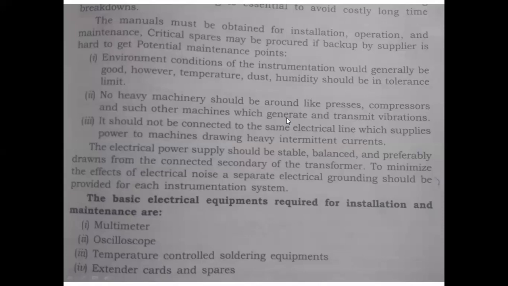Suppose we are measuring the ECG waveform, and for the generation of oxygen or something, heavy machinery is installed near it. Due to the electrical power supply or vibrations, the operation of this machine will be interrupted. That's why these machines will be placed far away.